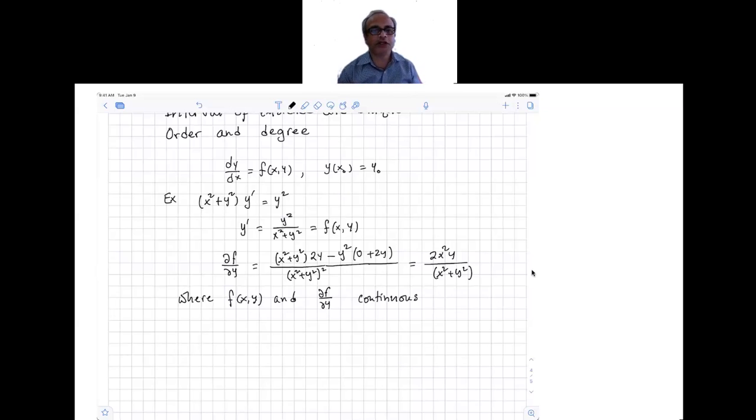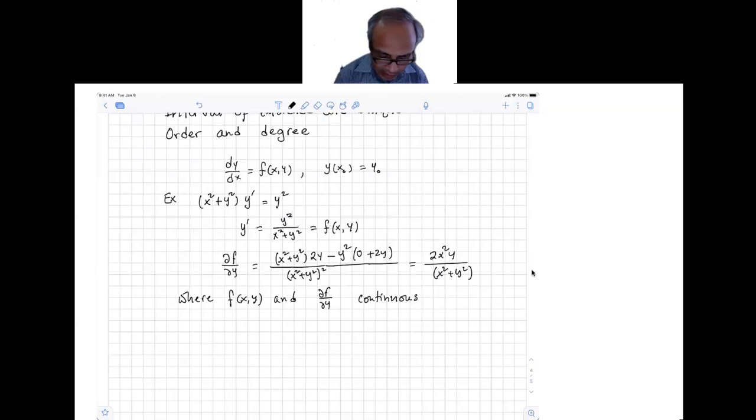Of course, you have to have a condition, and since the condition is not given, you choose one. You can see by looking at f and df dy that if x equals 0 and y equals 0, at the origin, f and df dy both fail to be continuous, since the functions are undefined there.